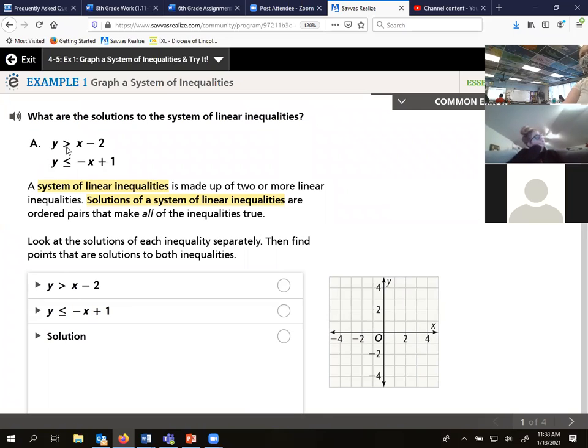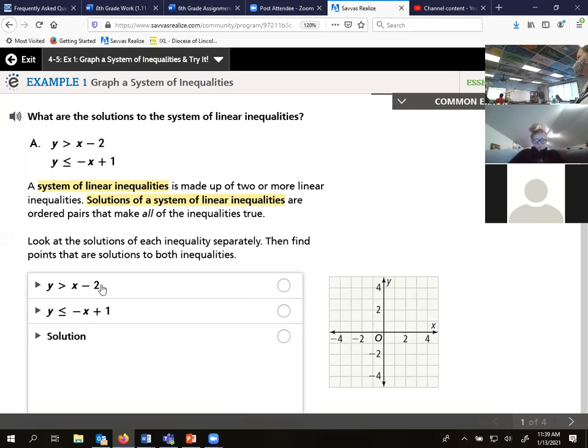We have y is greater than x minus 2, and y is less than or equal to negative x plus 1. Okay, before I click on this inequality, is my line going to be solid or dashed on it? Dashed. And then is it going to be shaded above or below?